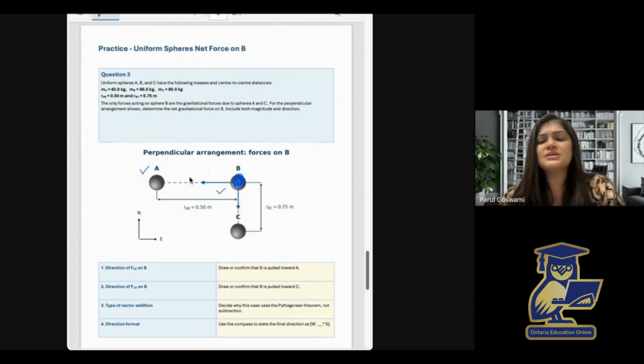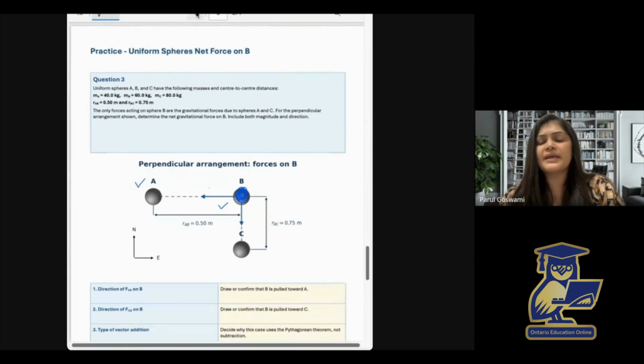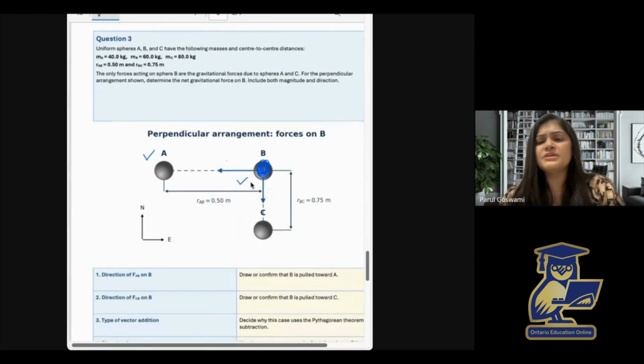So as you can see in this diagram, object B is going to experience force due to object A and due to object C. Now, object A is going to pull object B towards itself, and you can see the direction of gravitational force on B due to A. So this is F_BA. And then you can see object C is also going to pull object B towards itself.